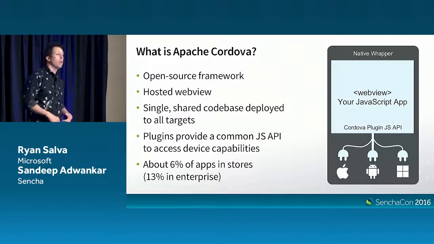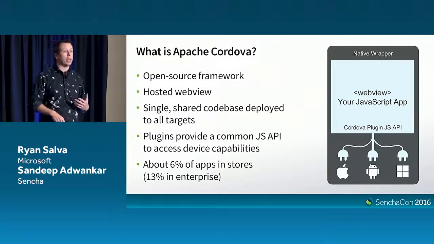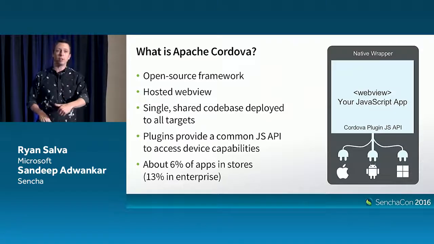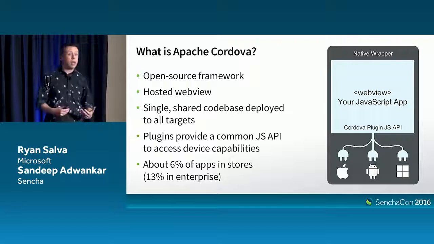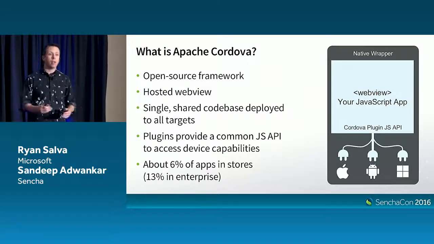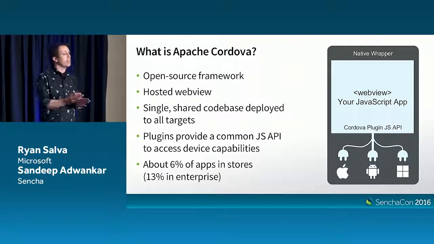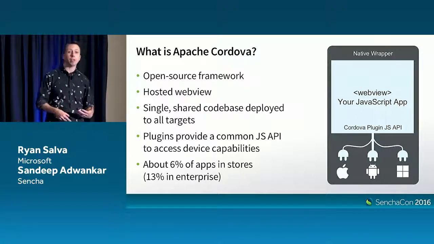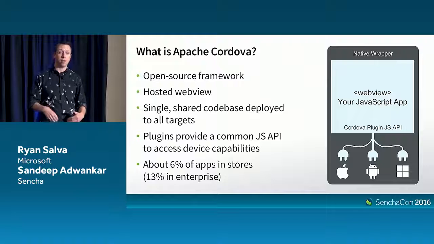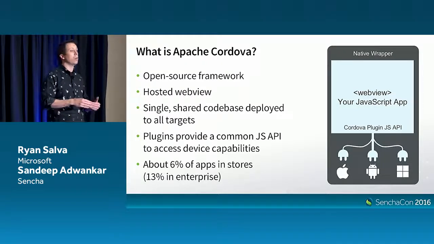Because it's an embedded browser, that allows you to use a single shared code base across all of the different deployment targets: iOS, Android, Windows, and on down the line. You can, if you so desire, fork it and have slightly different code paths for iOS, Android, and Windows. But most developers, in order to realize the highest cost savings, end up using the same code across all deployment targets.